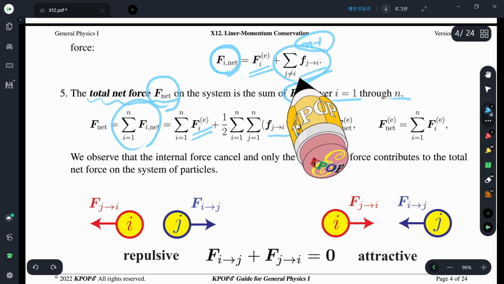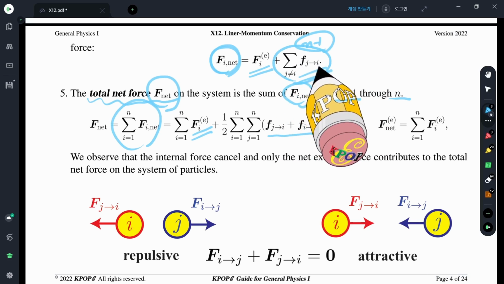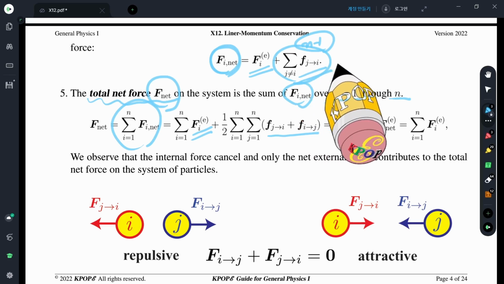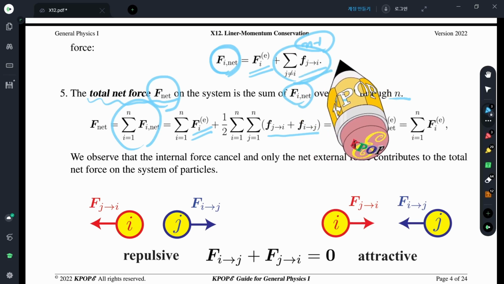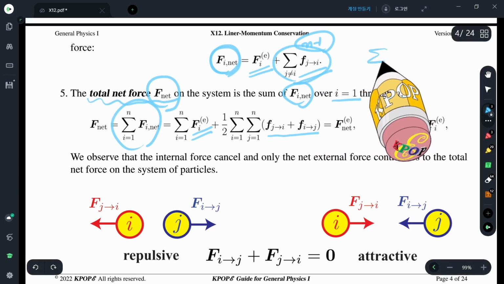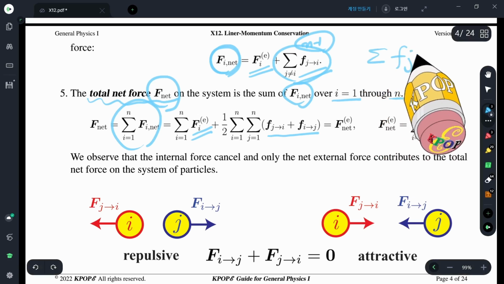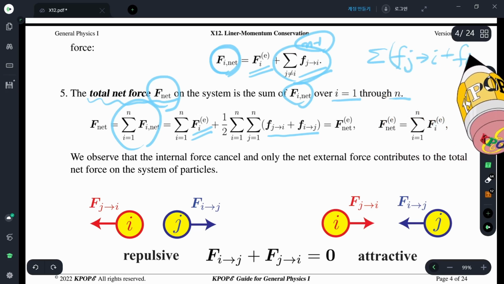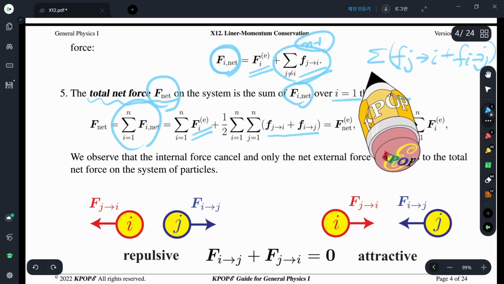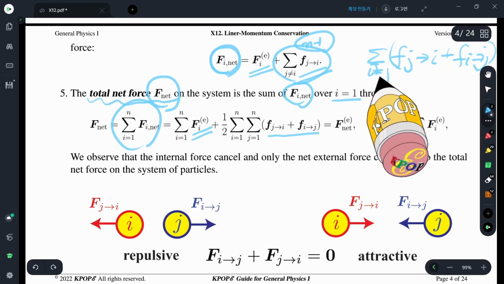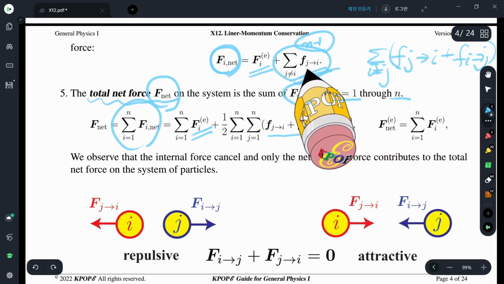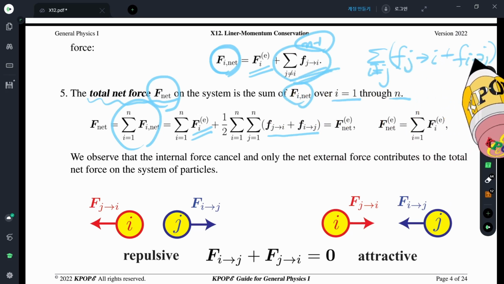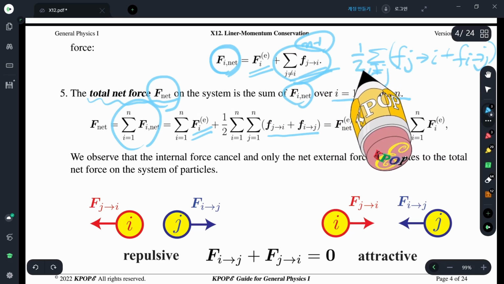Here, the ith particle receives a force from the jth particle, and we can express this as a sum over j applies to i and i applies to j, where i is not equal to j. Then the sum is just 1/2 of this because of symmetry.